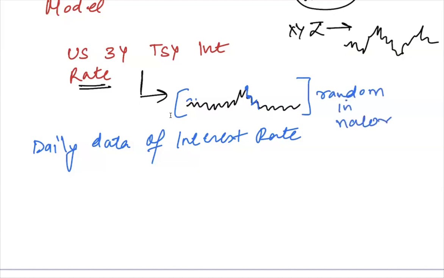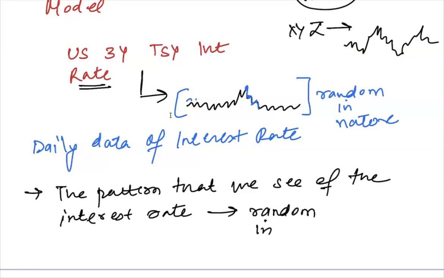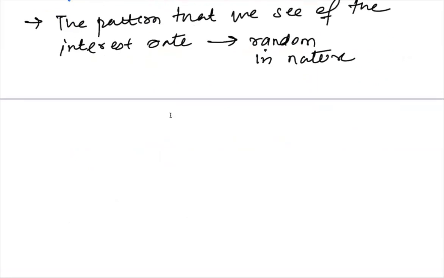So we say that the pattern of the interest rate is random in nature. Basically, the daily movement, how the interest rate will move, is completely random. It can move up, down, down, up, down, up.